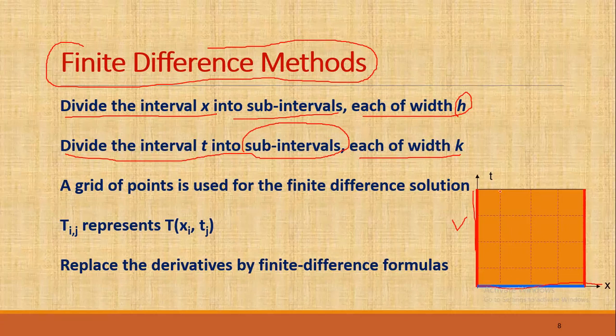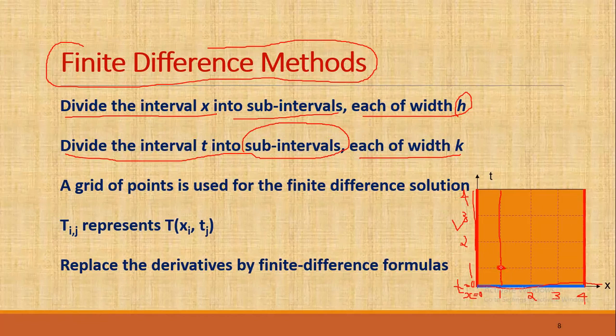We discretize, then suppose we consider this is x equal to 0, then the next value is x equal to 1, x equal to 2, x equal to 3, x equal to 4. Similarly, for t equal to 0, then t equal to 1, t equal to 2, t equal to 3, and t equal to 4. So we discretize, then we get the points, we get the nodes.